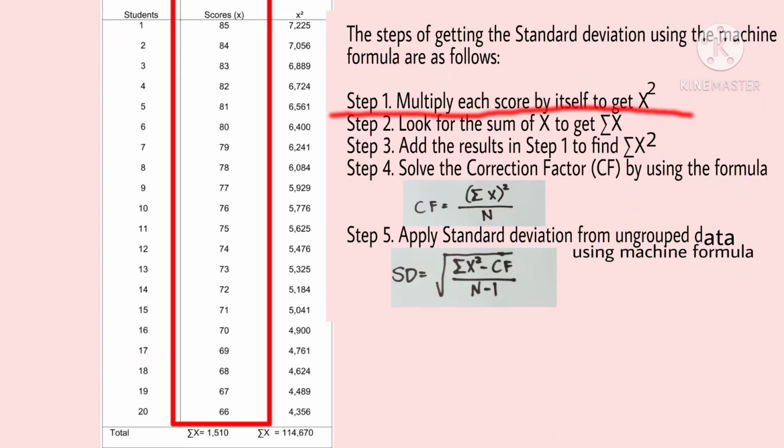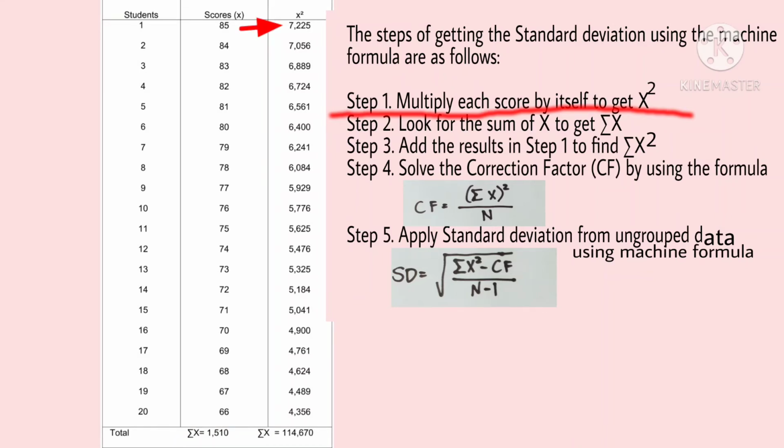So now let's multiply each score by itself. 85 times 85 is equal to 7,225. 84 times 84 is equal to 7,056. 83 times 83 is equal to 6,889. 82 times 82 is equal to 6,724. 81 times 81 is equal to 6,561, and 80 times 80 is equal to 6,400.